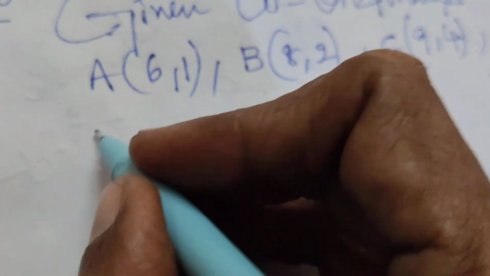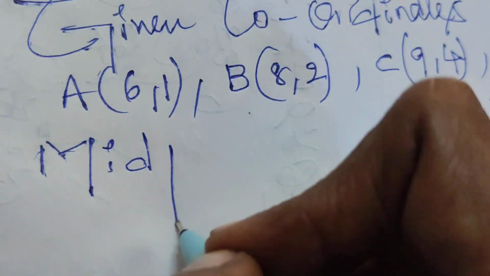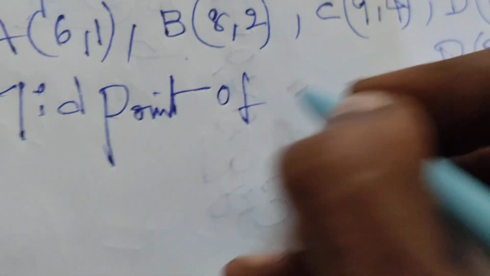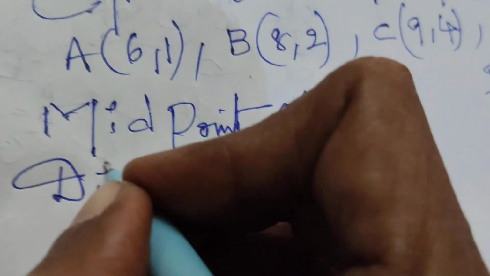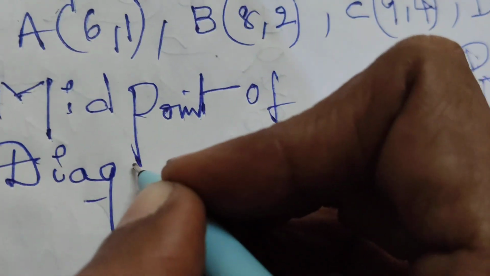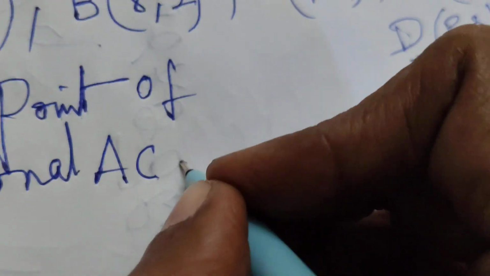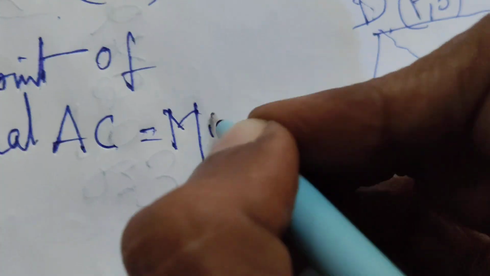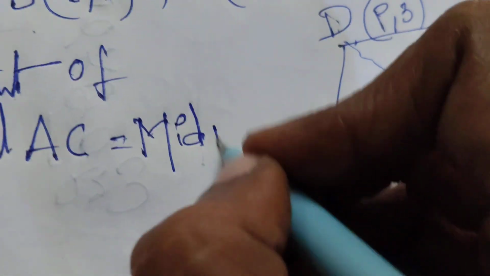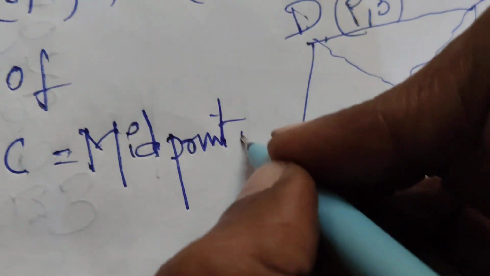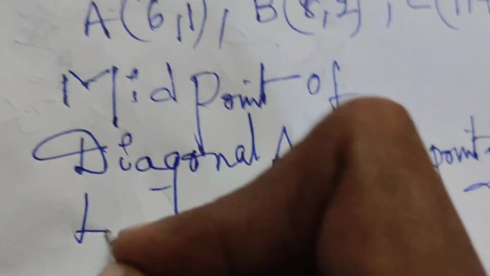So write: midpoint of diagonal AC equals midpoint of diagonal BD.